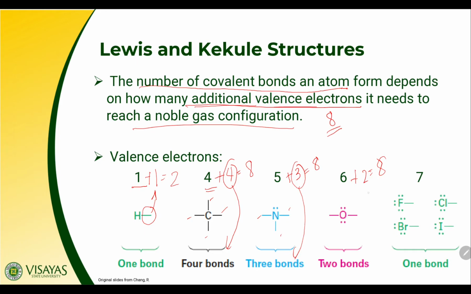Therefore, oxygen will form 2 bonds: 1, 2. Halogens have 7 valence electrons, so they need 1 additional valence electron to reach noble gas configuration. Therefore, halogens form 1 bond.